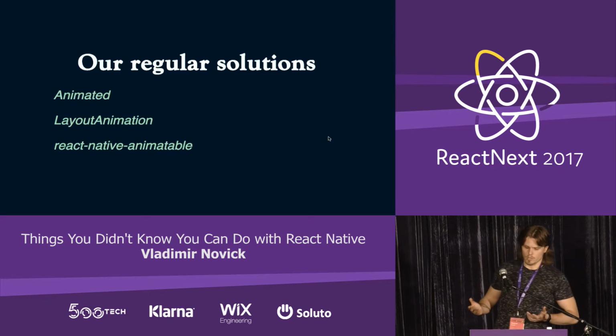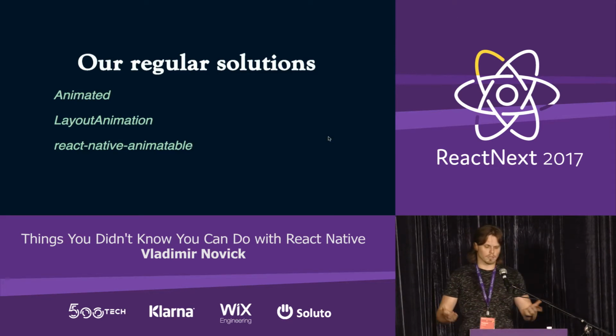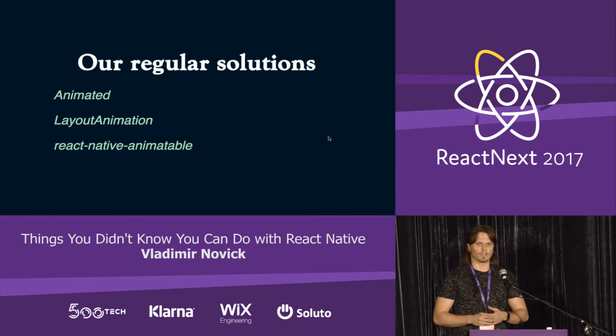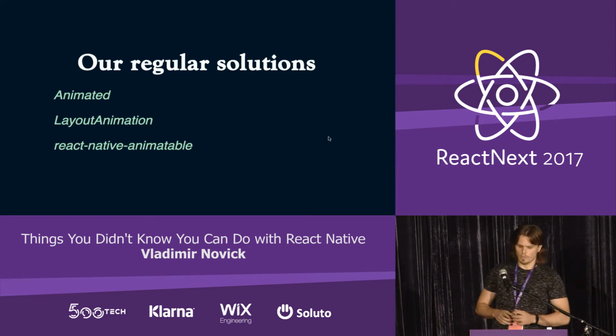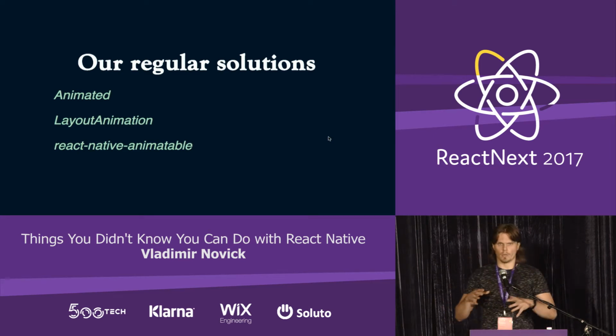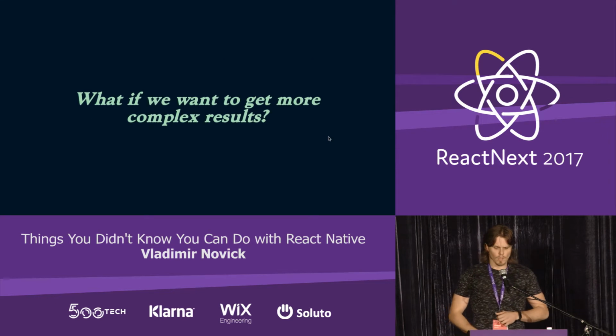Our regular solutions, as I mentioned before, are Animated, LayoutAnimation and React Native Animatable. Of course, there are also other libraries you can use, but that's basically the main usage. But there is more.